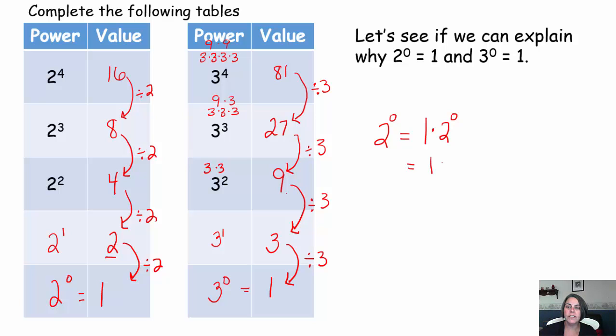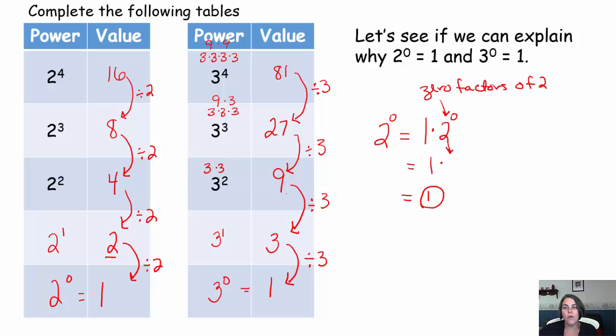So that's 1 times, well, this right here says we have 0 factors of 2. So that means how many times do we write 2 out? We don't write it out any times. Doesn't mean there's a 0 involved here. It means there's 0 factors of 2. 0 means we have no factors of 2 running around. So 1 times, we don't need to write anything here because we actually have 0 factors of 2 running around, which is why 2 to the 0 is 1.